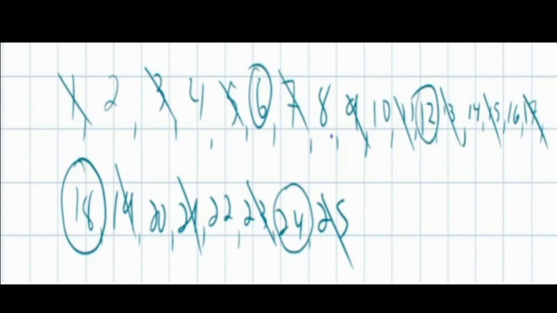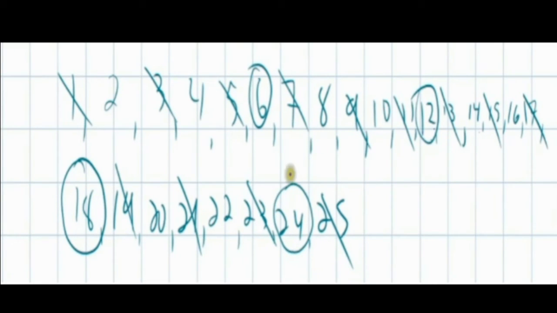To check if a number is divisible by 3, you just have to see if the digits add up to a multiple of 3. So for instance, 6 is a multiple of 3, so that's easy to do. 12 might be easy to do in your head, but also notice 1 plus 2 is 3. With 18, 1 plus 8 is 9. 2 plus 4 is 6.